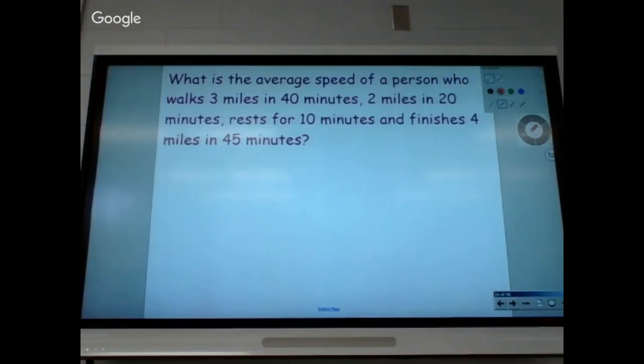So the question is, do we do anything with the rest? I've heard yes. I've heard no. I've heard subtract. Subtract it from what? You don't subtract it. Sierra's saying divide your miles and your minutes, which is correct. I'm just asking what we do with that 10 minutes that says rest. You don't do that, you rest it. So we leave it out altogether.